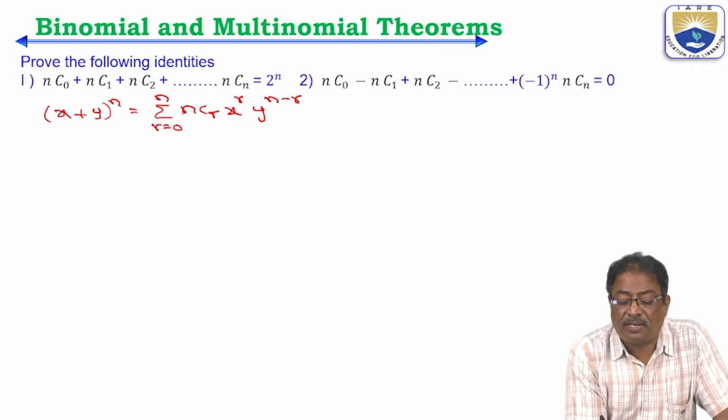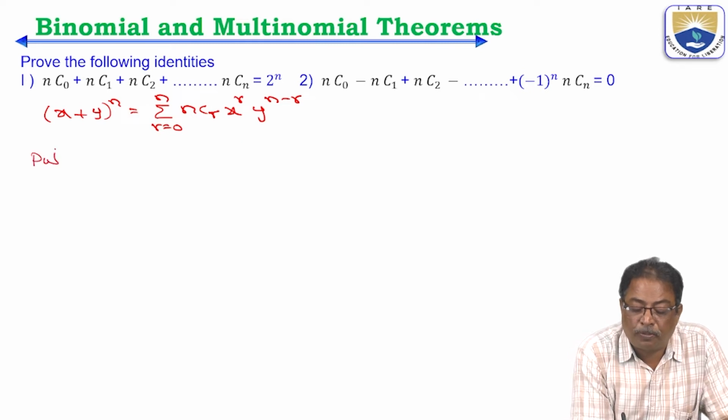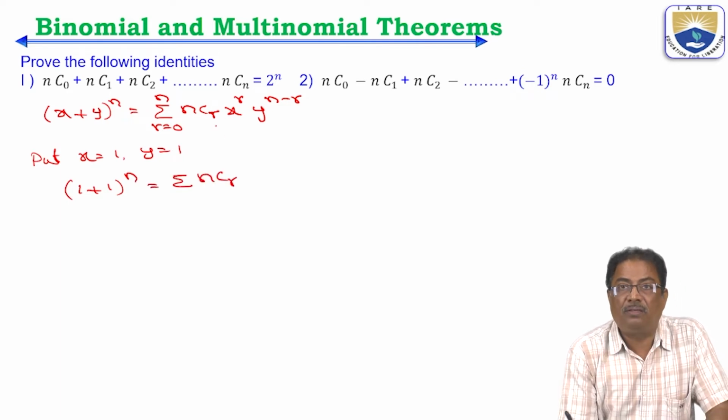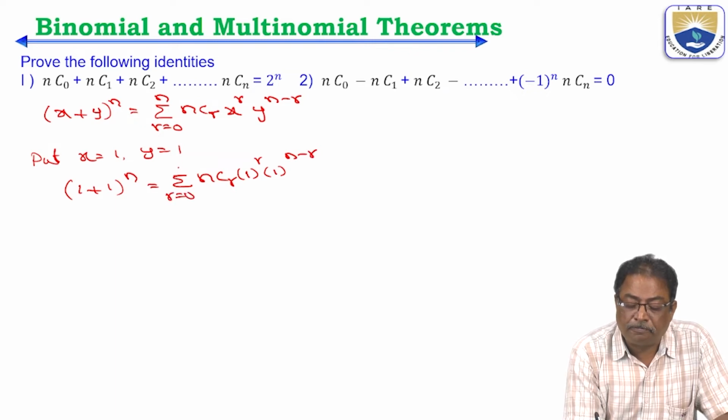So now I am just going to substitute x equals 1, y equals 1 in that expression. So (1 plus 1) whole to the power of n equals the summation of NCr times 1 to the power of r, and another 1 to the power of n minus r, where r equals 0 to n.